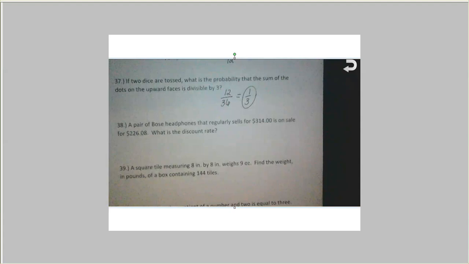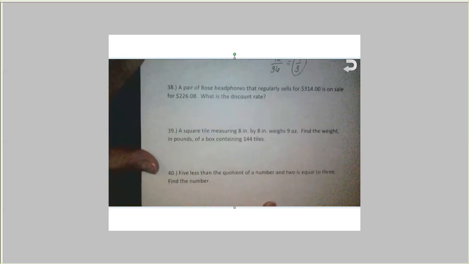Number 38, this is a pair of Bose headphones that regularly sells for $314 and is on sale for $226.08. What is that discount rate? Remember, to find the percent of change, you're going to take the amount of change, how much did it increase or how much did it decrease, and divide that by the original amount.